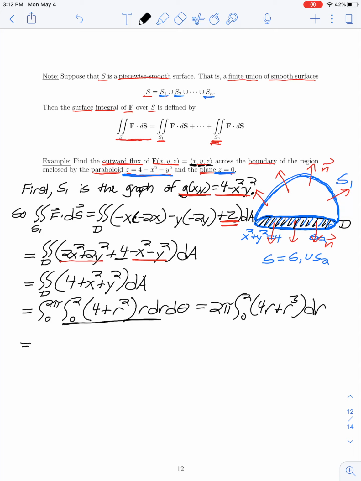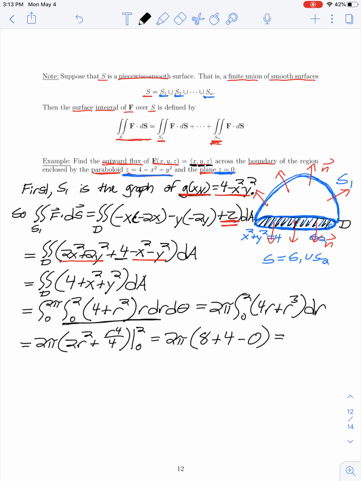So now evaluating our integral with respect to r, we have 2 pi times 2r squared plus r to the 4th over 4, evaluated from 0 to 2, which leaves us with 2 pi times, when we plug in 2 for r, we have 2 cubed, or 8, plus 16 over 4 is 4, minus, when we plug in r equals 0, we have 0.